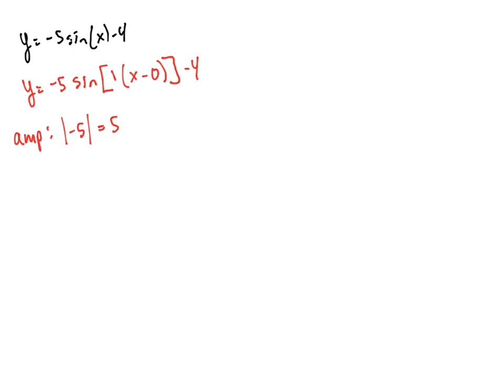Because the leading coefficient is negative, this means there's a vertical reflection. We're going to start by decreasing on the graph. The period length is 2 pi over b. The b value is 1, so we just end up with 2 pi. There's no horizontal shift because it has a c value of 0, so we'd say none. Vertical shift, we're going to say down 4 units.